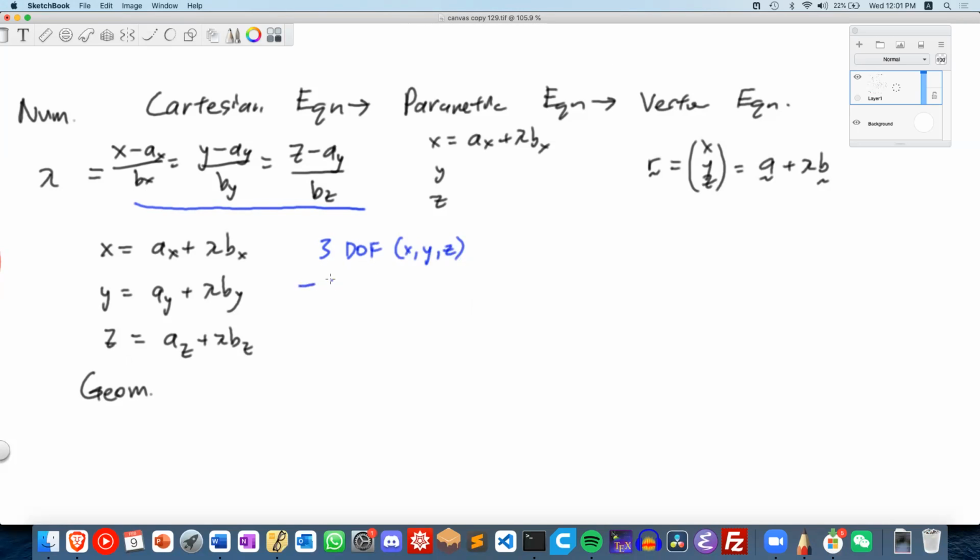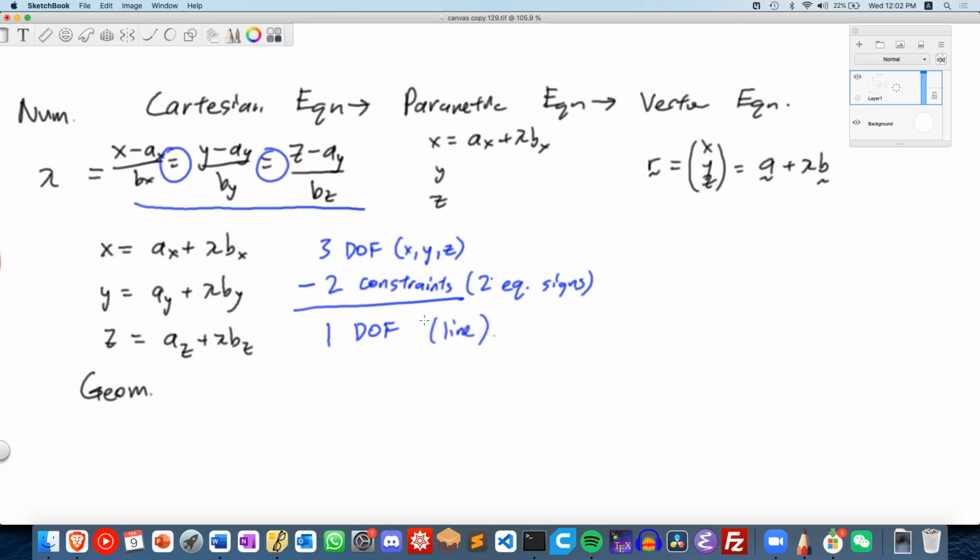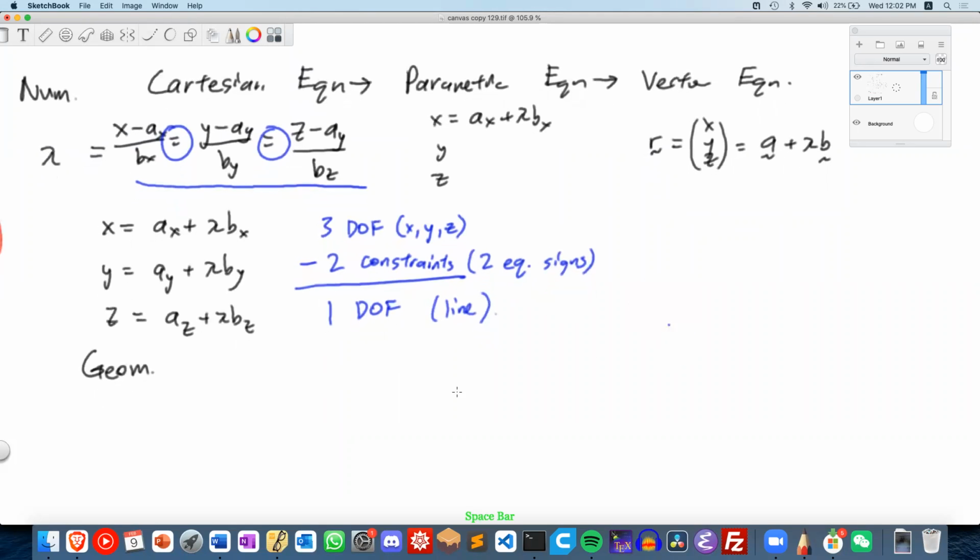However, after that, we subtract 2 constraints, 2 equations for 2 equal signs, because there's one equal sign here and another equal sign here relating the x, y, and z. Then we are left with 1 degree of freedom, which is the degree of freedom along the line. So we can choose any point along the line we want.